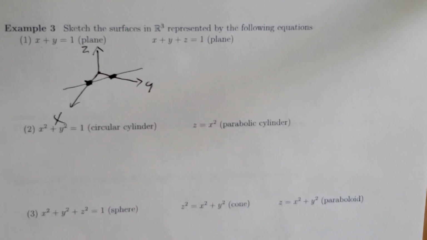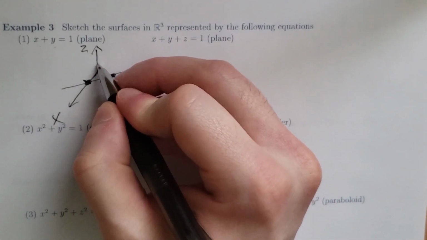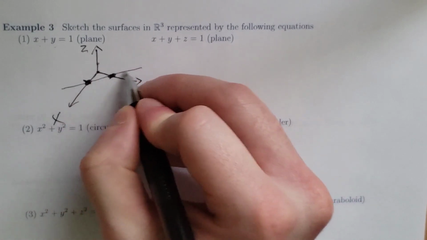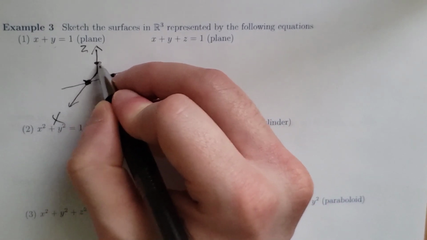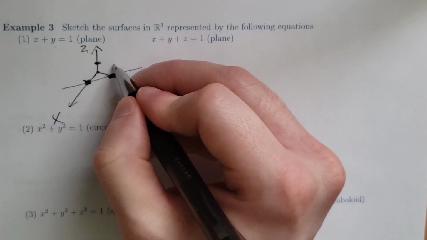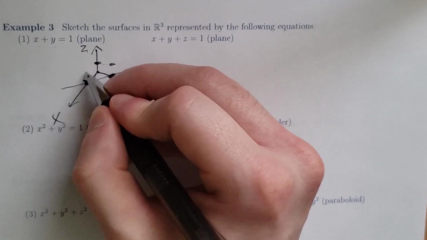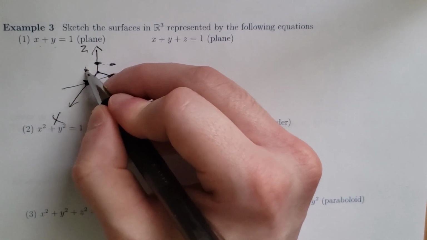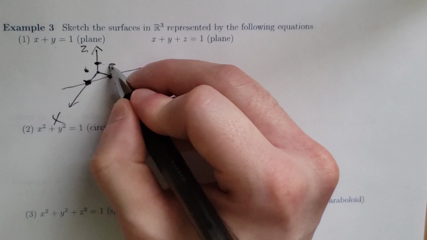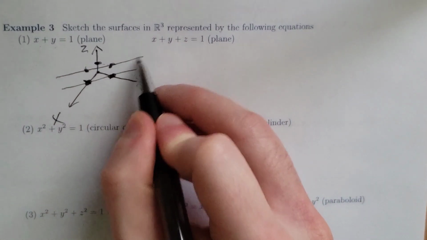That is within our plane, so we can draw that. Okay, what else? Well, since z can be anything, z could also be 1. This line that we drew here is z equals 0. So z could also be 1. So let's draw this line as well. What are these 2 points?